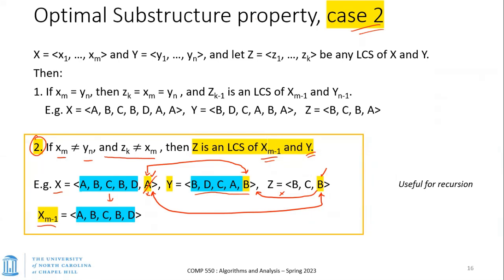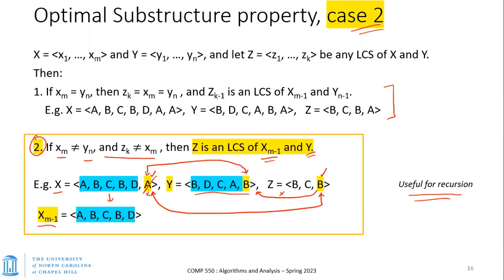Now you might say, well, is this really showing something about the optimal substructure? Not exactly. You can see that the earlier case was a lot more useful in proving optimal substructure. But this is useful for recursion.